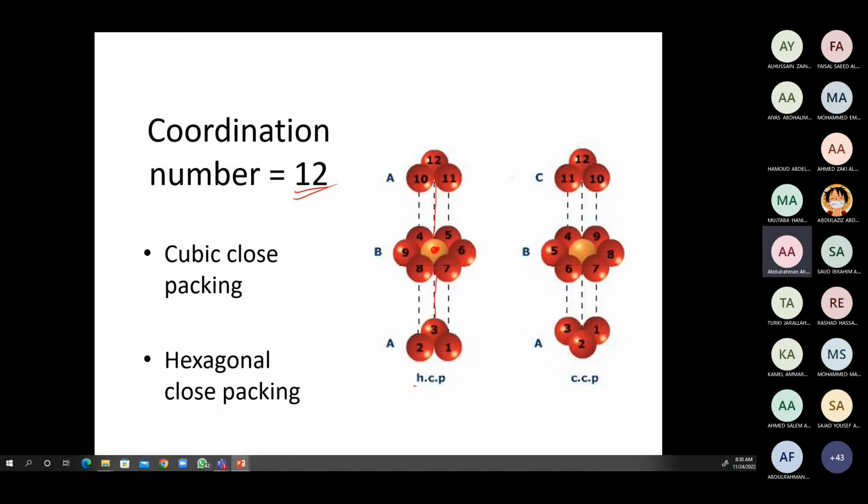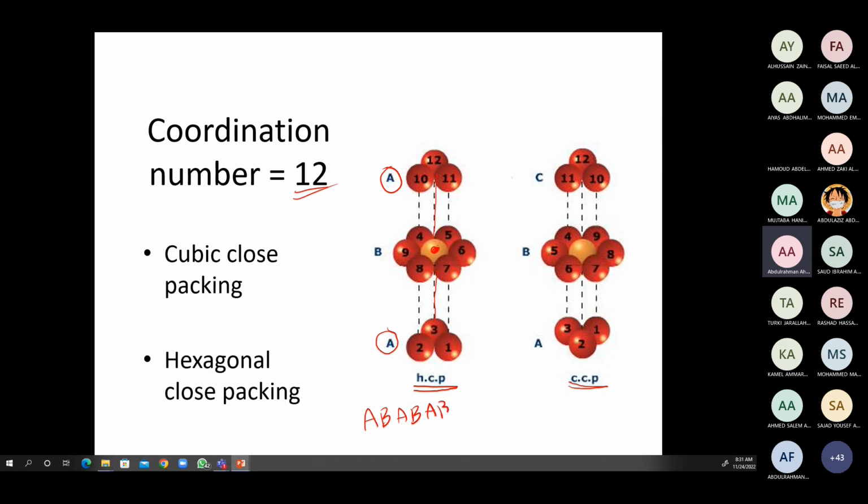This is hexagonal close packing, and this is cubic close packing. We put 3 and then 6, and many more, but we can see the 3. Look, what's the difference between them? A and A are in the same direction, and that's why the packing in hexagonal close packing is AB, AB, AB.